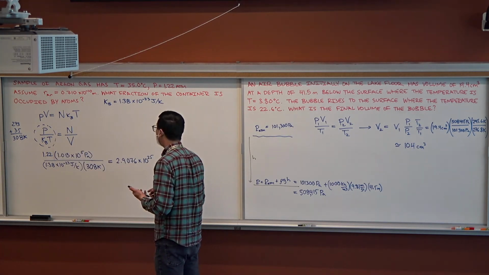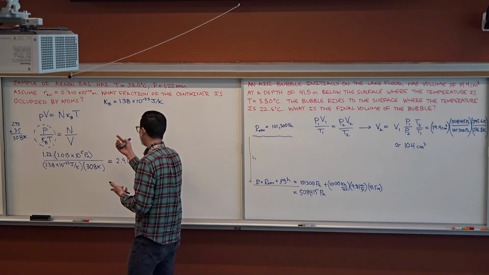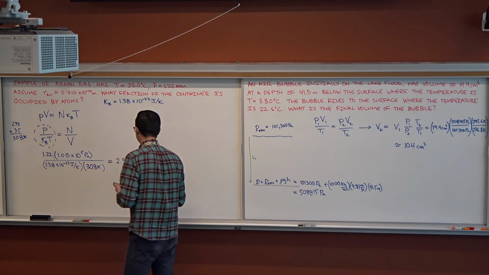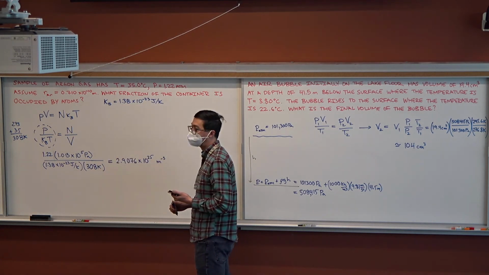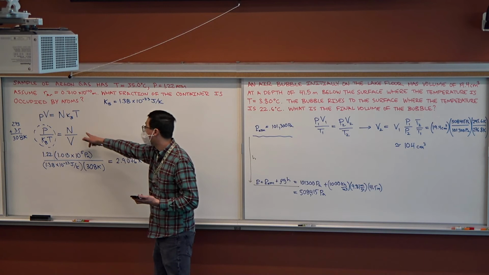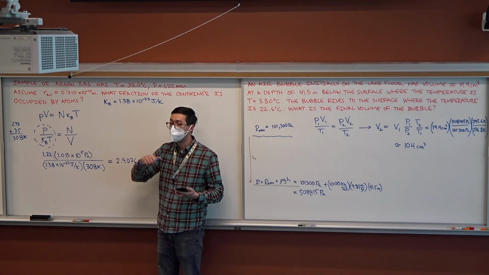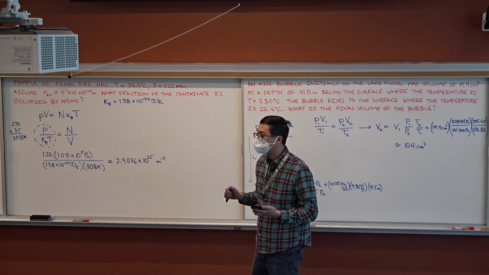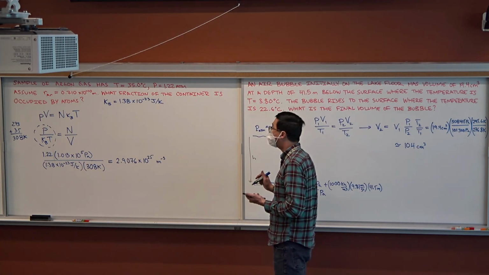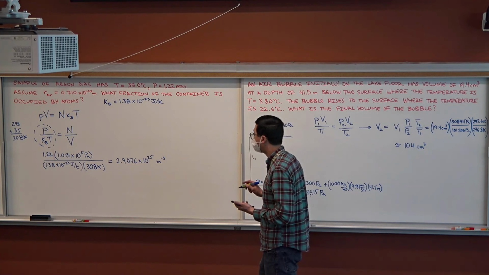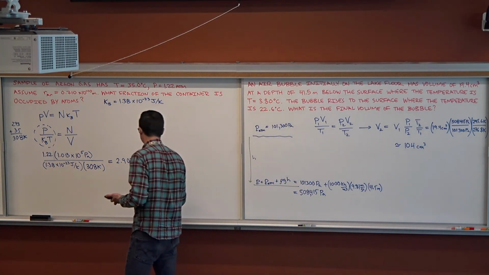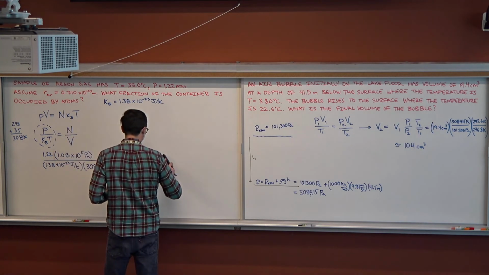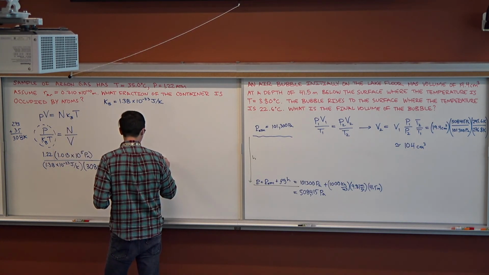And I know on some level this has to be per cubic meter, right? Because I know the thing on the right is particles per cubic meter. So let me make this more explicit.